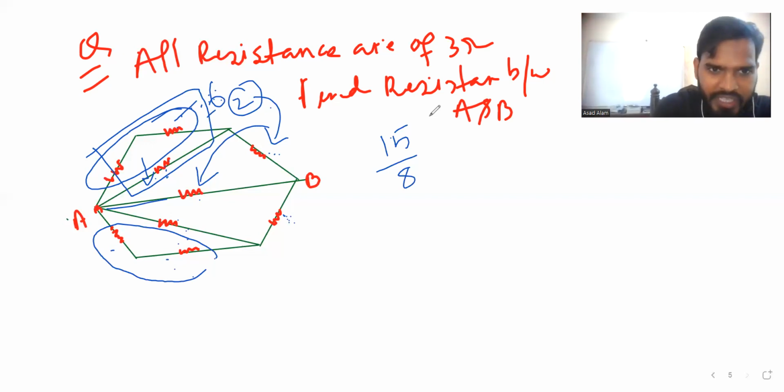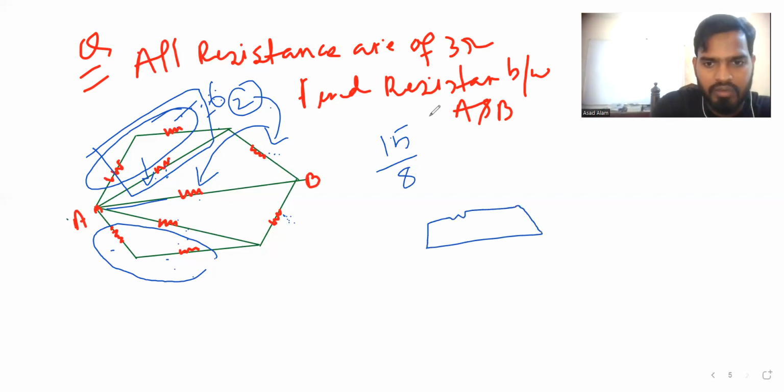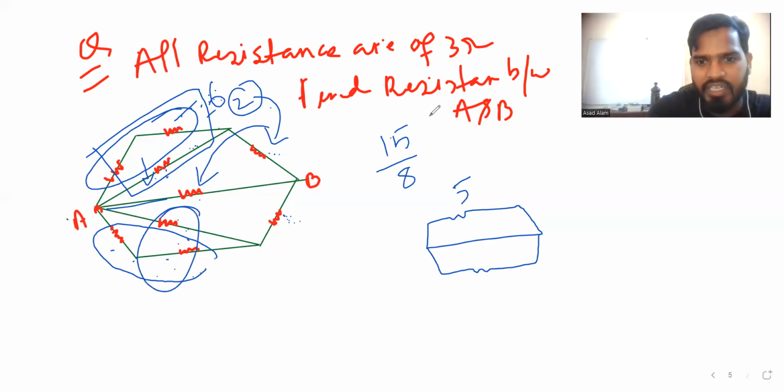Till here, 2 and 3 is 5, and again the same thing, 2 and 3 is 5.